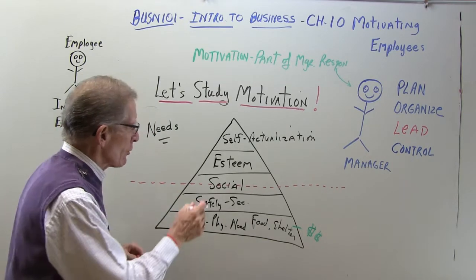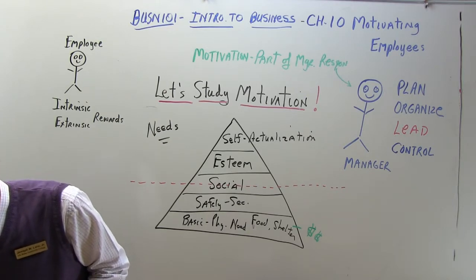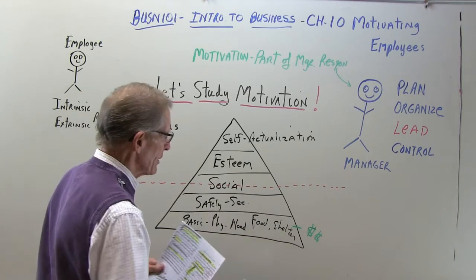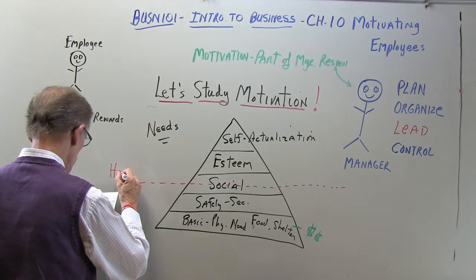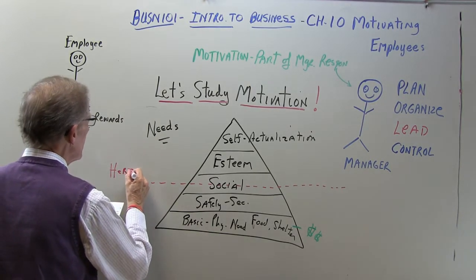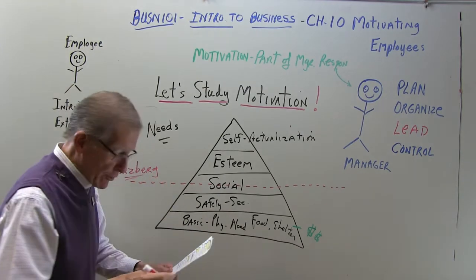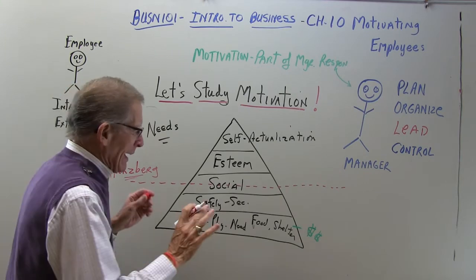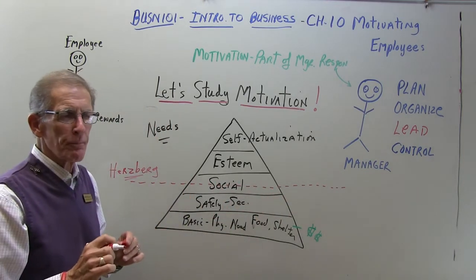Hertzberg said, look, these lower level needs. How do you spell Hertzberg? H-E-R-Z-B-E-R-G. Okay, got it. Hertzberg says, I'm going to draw a line right through the middle of Maslow's pyramid.